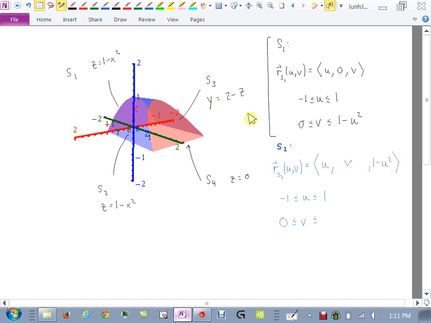Right? V is y. And then 2 minus z, but what's z for us? 1 minus U squared. So what I want here is my upper limit of this region to be 2 minus z, but z is 1 minus U squared. So that's really just going to turn into what? 1 plus U squared.